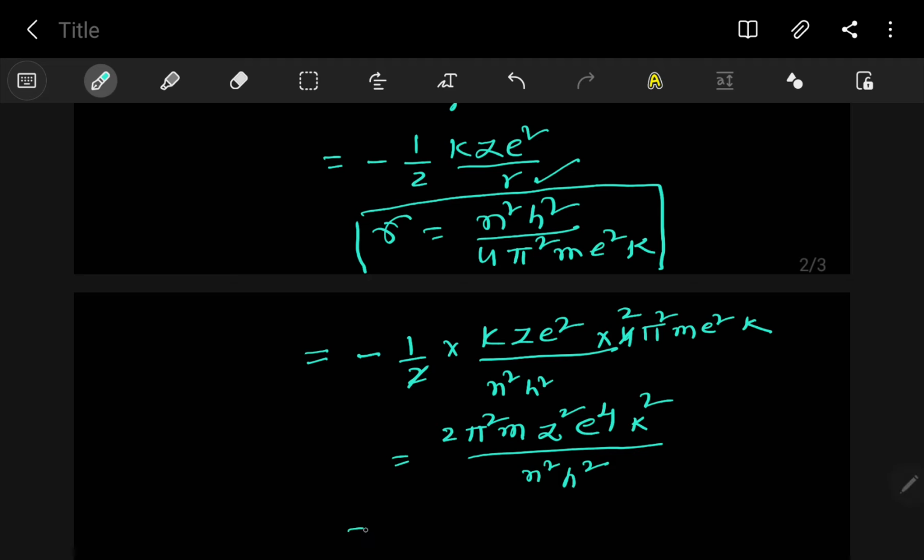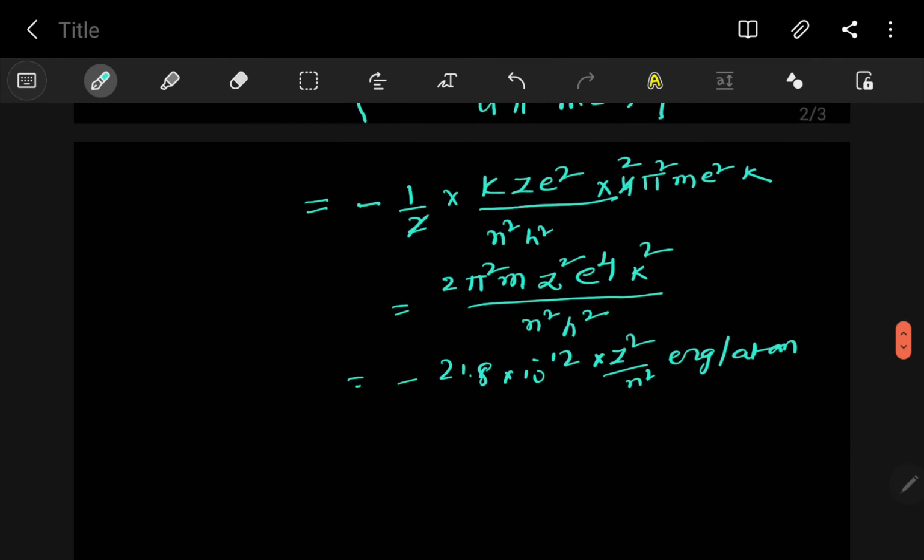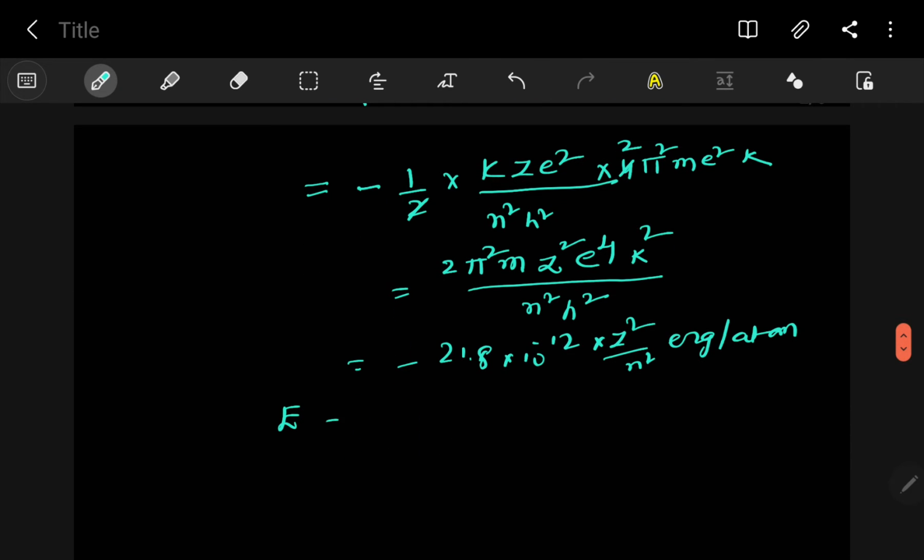Now after substituting all these values, we are getting minus 21.8 into 10 to the power of minus 12 into z square by n square erg per atom. Or E is equal to minus 21.8 into 10 to the power of minus 12 into z square by n square, the same value I am writing.